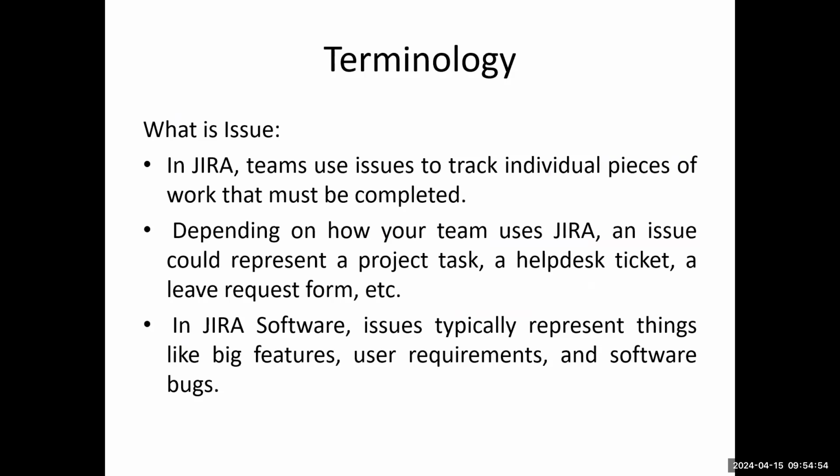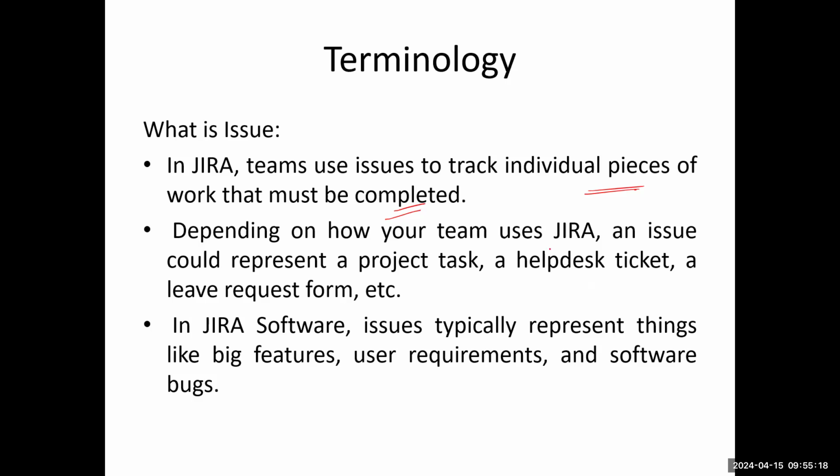So there are different types of issues available in Jira, and that's again a very famous interview question. So what is an issue? Issue means any task inside IT, whatever task you complete, that's called an issue. But in terms of Jira, teams use an issue to track an individual piece of work that must be completed.